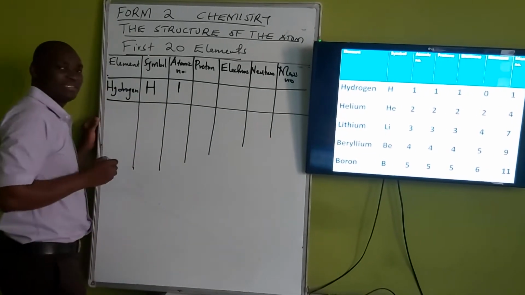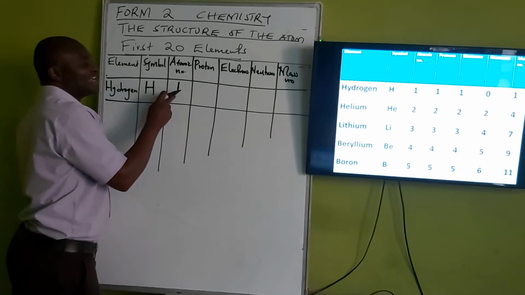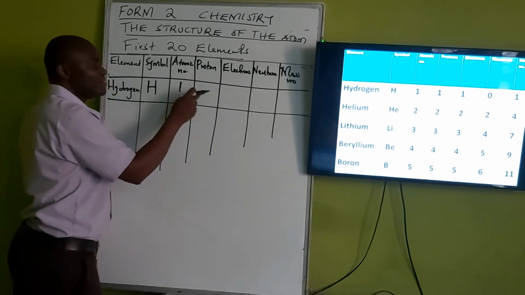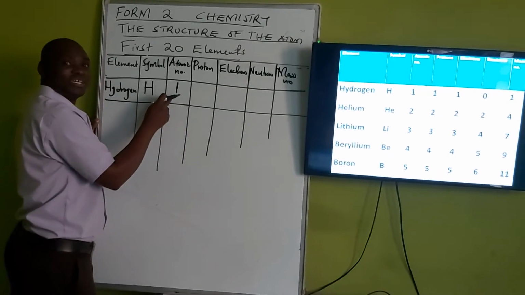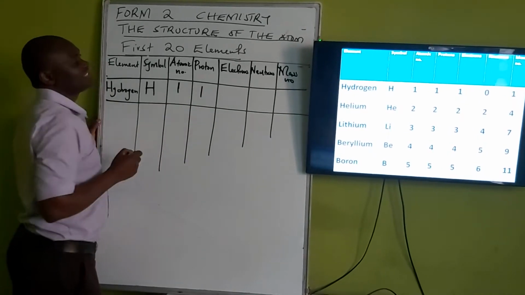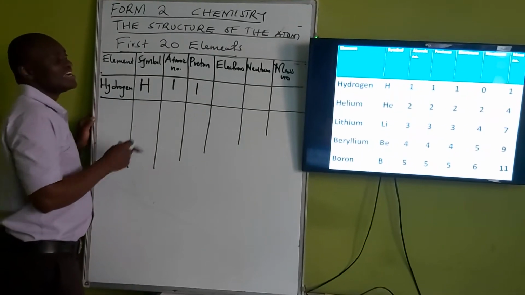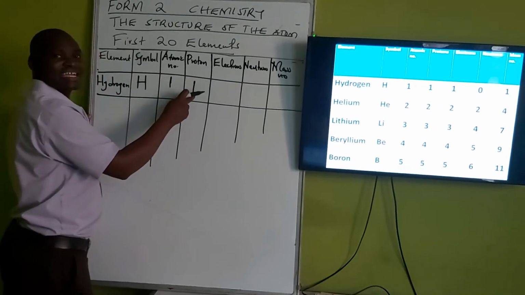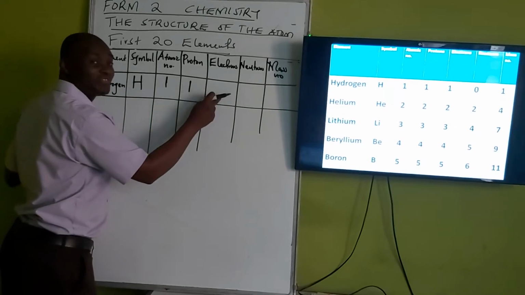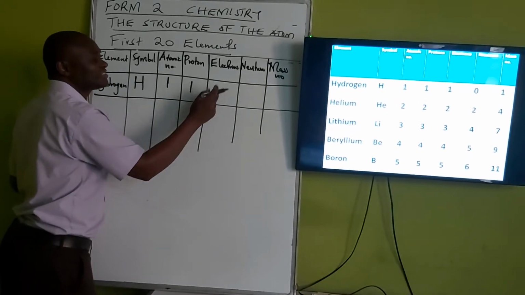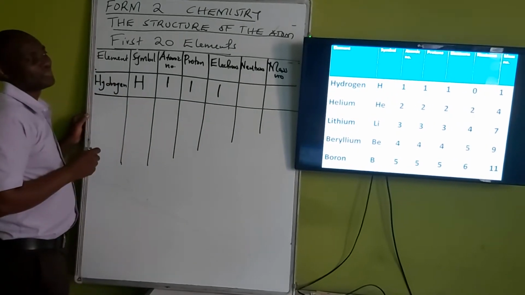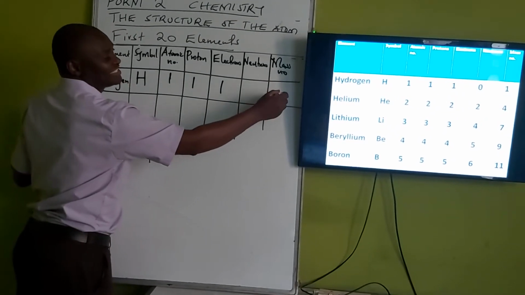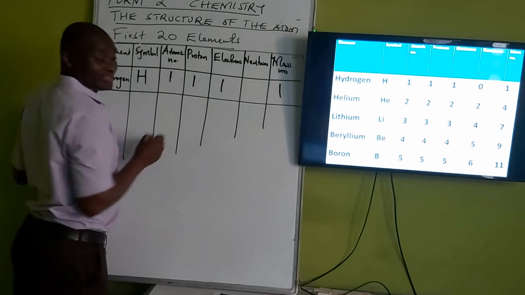So hydrogen is atomic number 1. Atomic number is the number of protons, so the number of protons is the same as the atomic number. So just 1 proton. In any atom, the number of protons is the same as the number of electrons. And then the mass number of hydrogen is normally 1.